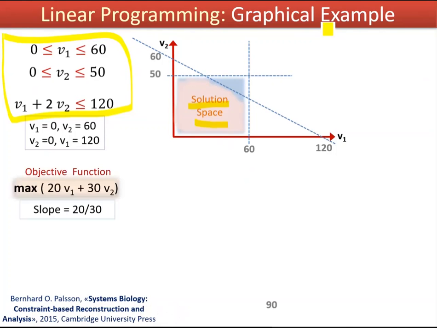So the next step is implementing the objective function. Our solution space is defined like this, and in this solution space, we want to identify the maximum value of a function given as 20V1 plus 30V2. So what is the maximum value that this function can get within this solution space?